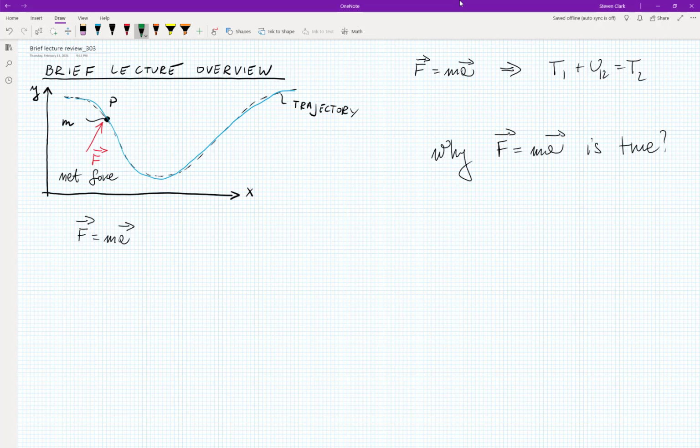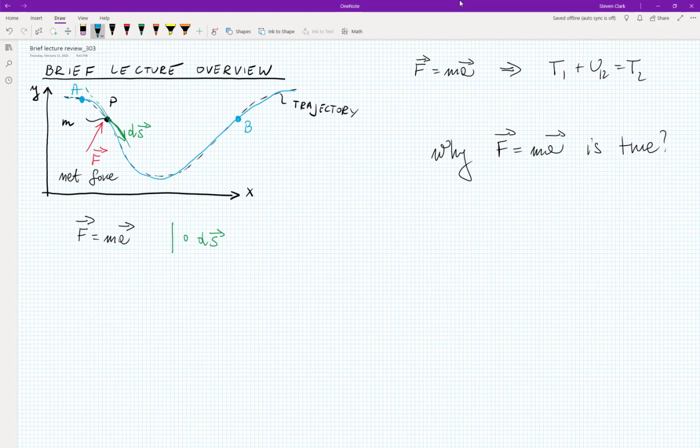So anyway, how to derive work energy method? So I would like to project F equals to ma on our path. So ds is obviously the vector that is tangent to the path. Okay, and I also would like to consider the motion from certain point A to certain point B. Okay, we know where our motion starts and where it ends.